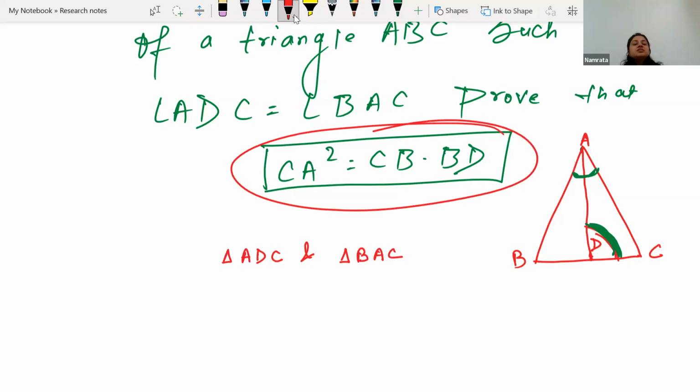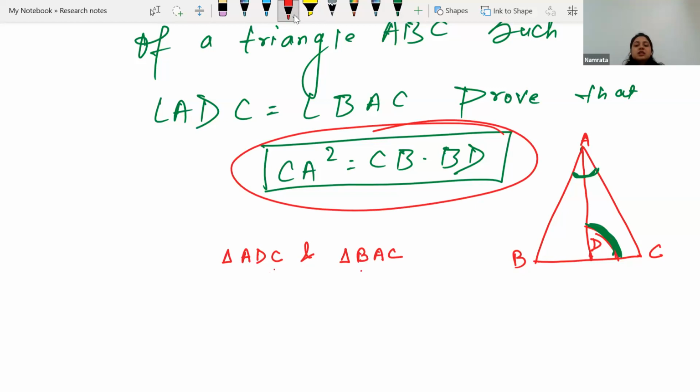Once we prove these two triangles are similar, we will write the ratio of the sides which are in proportion with each other. That expression, once we write it, will give us this one. So let's see how to prove these two triangles are similar. I'm talking about ADC and BAC. BAC means the complete triangle and ADC means that part only.